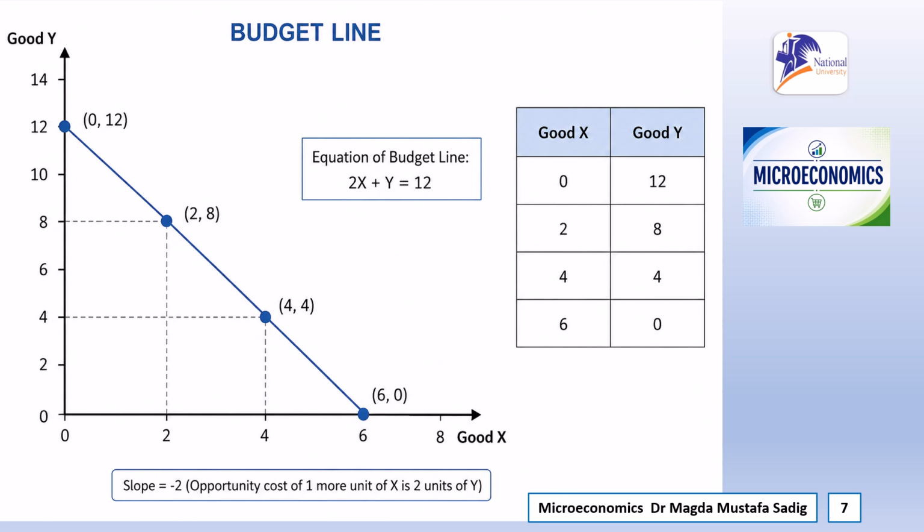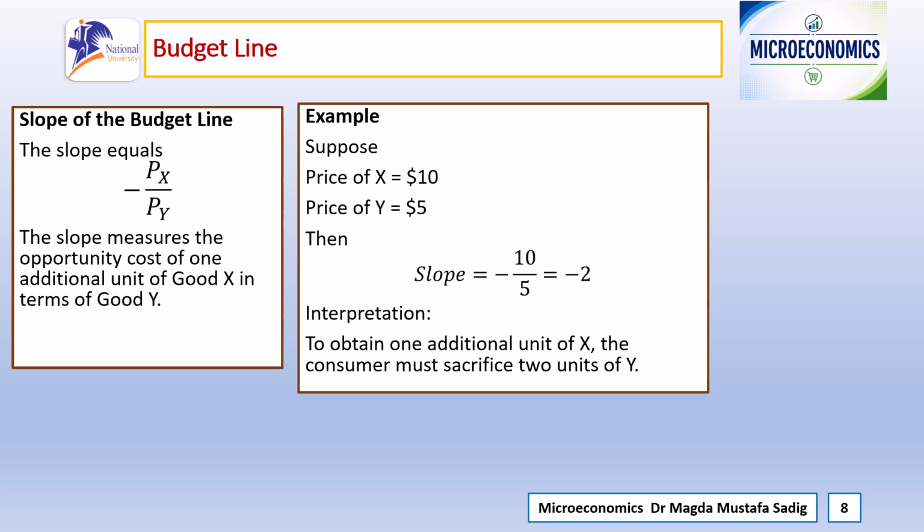It tells us how many units of good Y must be sacrificed to obtain one additional unit of good X. For example, if the price of good X is $10 and the price of good Y is $5, the slope becomes -2 because we divide price X by price Y. As I told you, the slope measures the opportunity cost of one additional unit of good X in terms of good Y. So this illustrates the concept of opportunity cost.